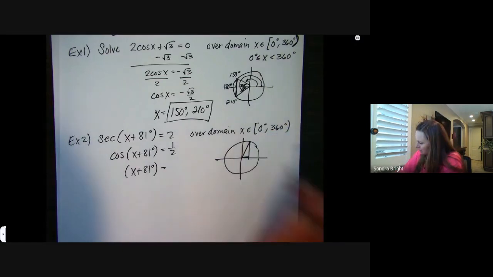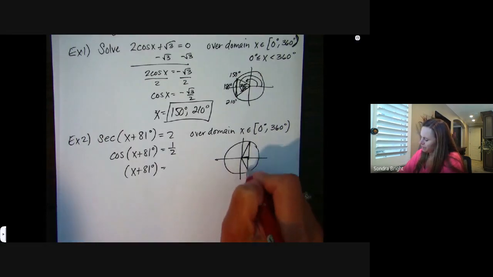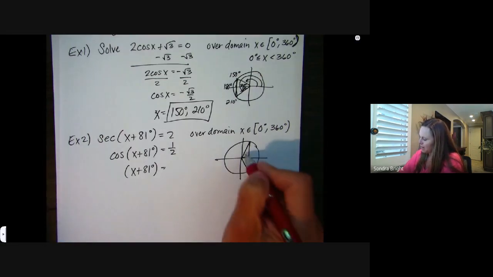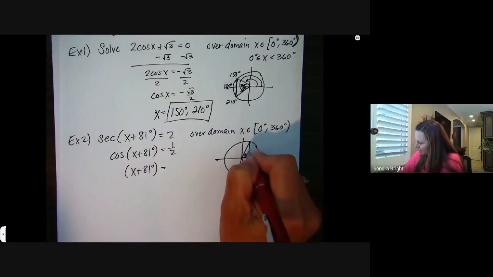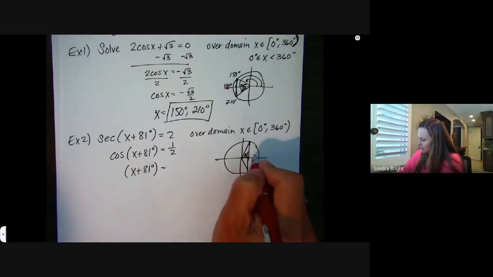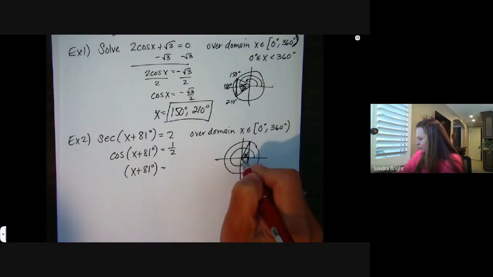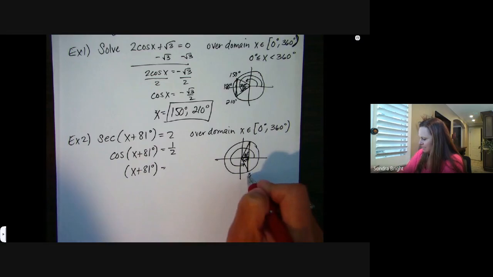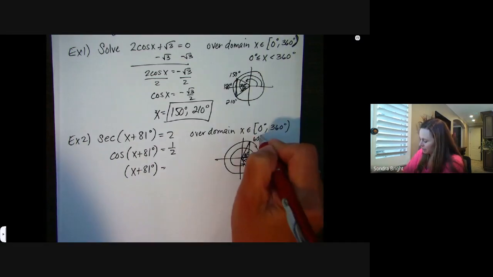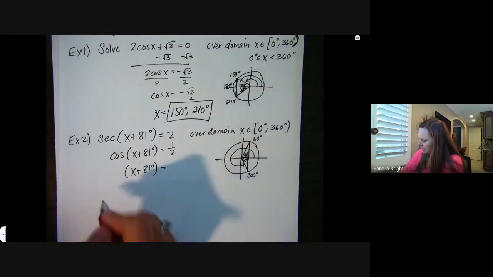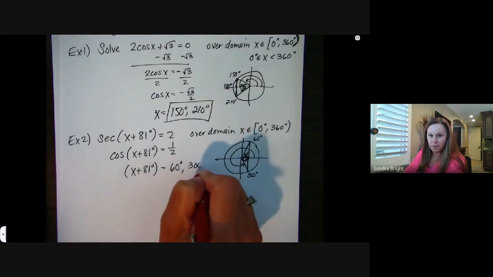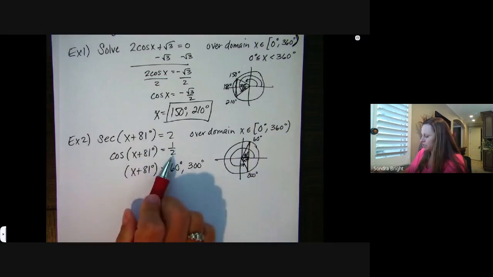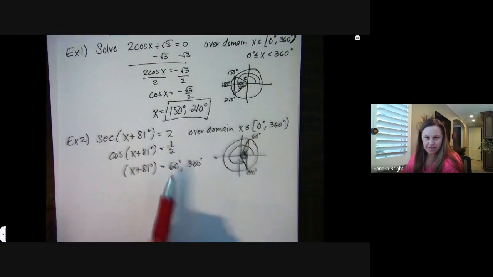It's also positive here in quadrant 4. So what's the reference angle for cosine being 1/2? That's 60 degrees. And then you also want this angle here, which has a reference angle of 60, which makes this guy 300 and that one 60. So I've got two answers here: 60 degrees and 300 degrees. Cosine of an angle is positive 1/2 when your angle is 60 degrees and when your angle is 300 degrees.